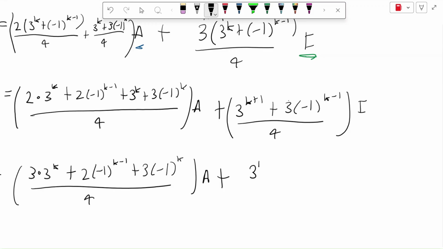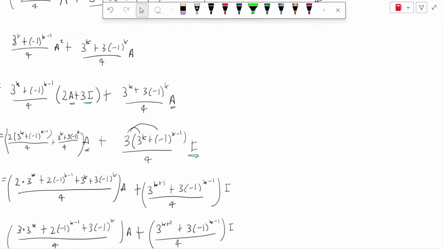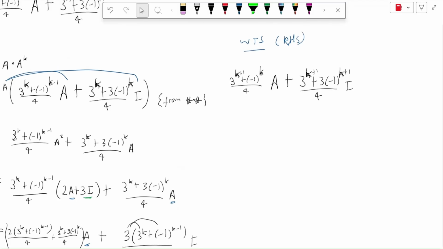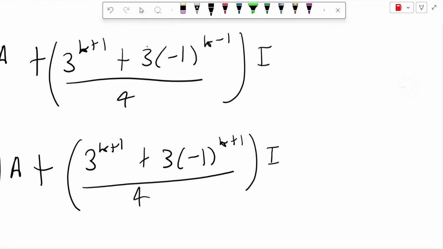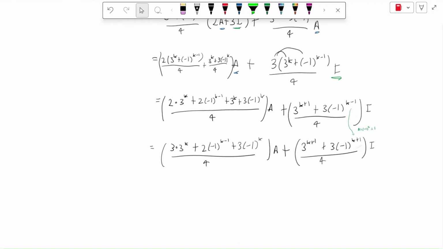Okay, 3^(k+1), and then 3 times (-1)^k. I suspect this last term might already be matching what I want to show. Let's see. Well, it does, in the sense that (-1)^(k+1) is the same as (-1)^(k+3), because (-1) squared is 1. So if you bump up the power by 2, it doesn't change anything. Okay.